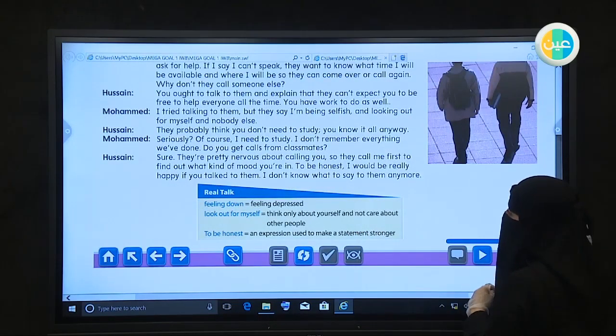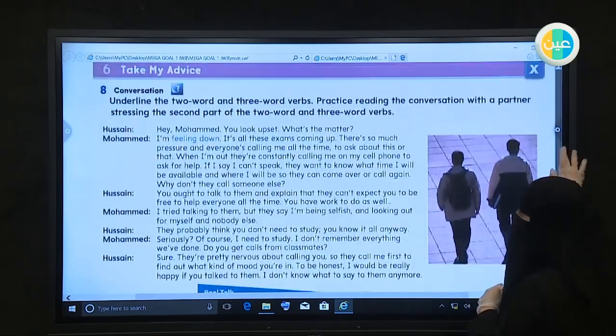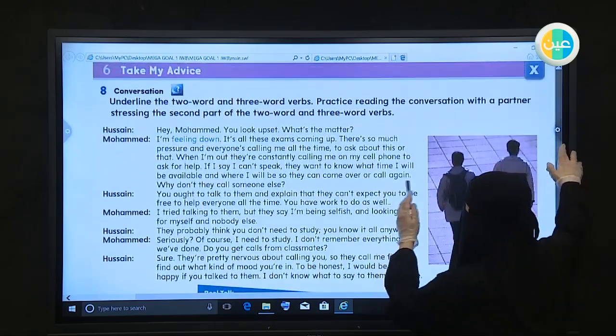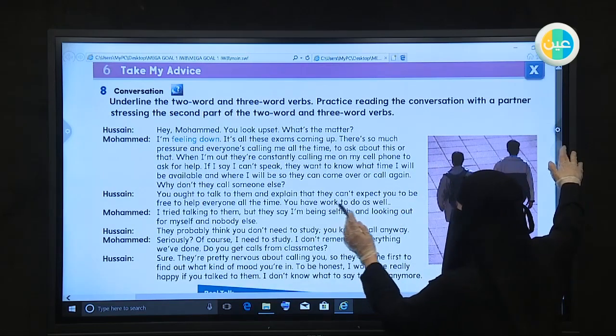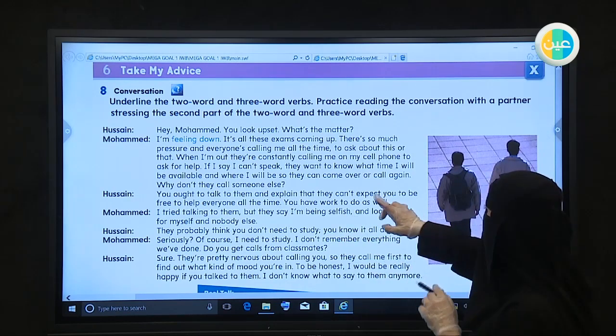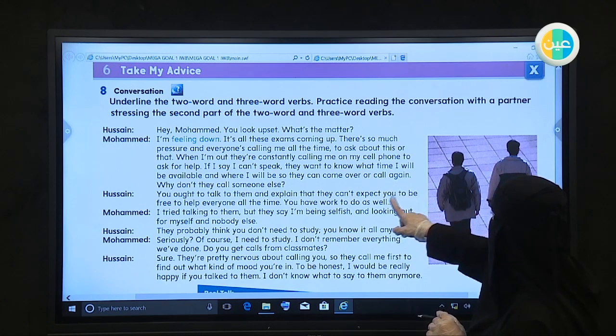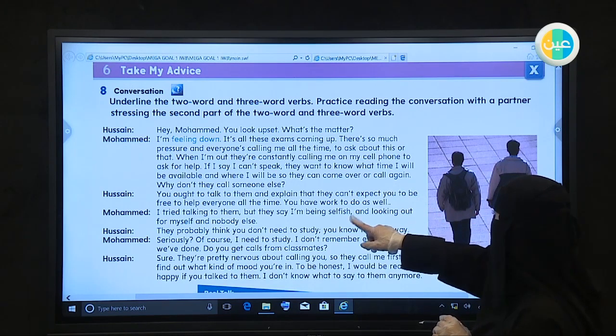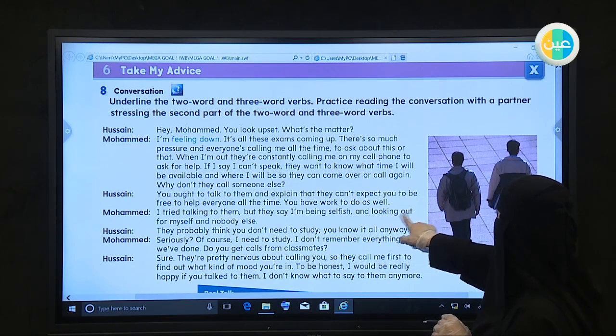Look out for myself. Let's search for it. Where is it in that passage? If you read it carefully, you can find it. Explain that they can't expect you to be free to help everyone all the time, you have work as well.